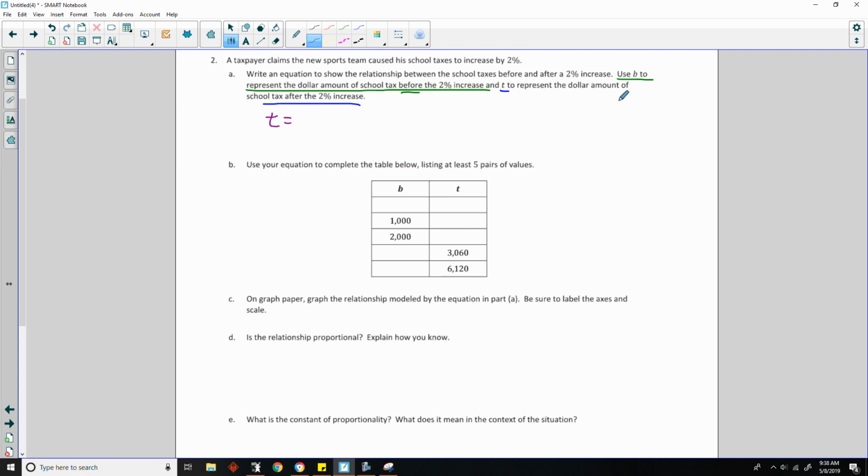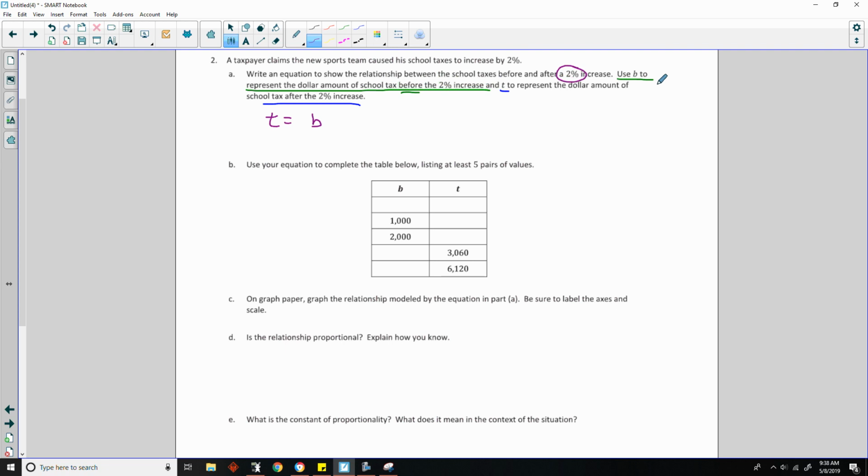So the T is going to be what the school tax was before times this 2% increase. That will give us the dollar amount after the 2% increase. So we're going to increase the tax amount before by 2%.